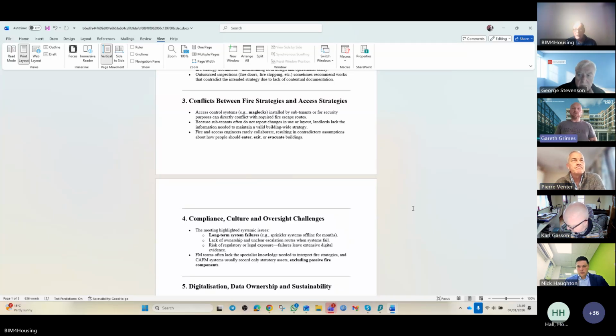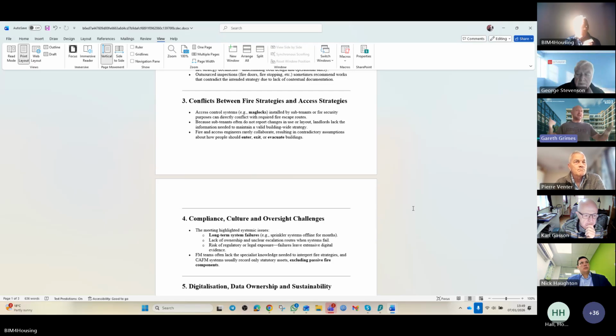Thank you. I think the problem we've got, Pierre, and you're absolutely right, on any one asset, let alone multiple assets, you've got lots of moving parts. So you may have a responsible person, you may have a managing agent and a maintenance provider, etc. All of the parties are not talking to each other. What really should be developed for any asset is an asset management plan.